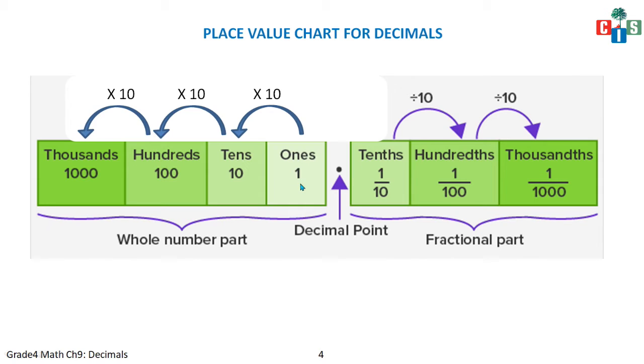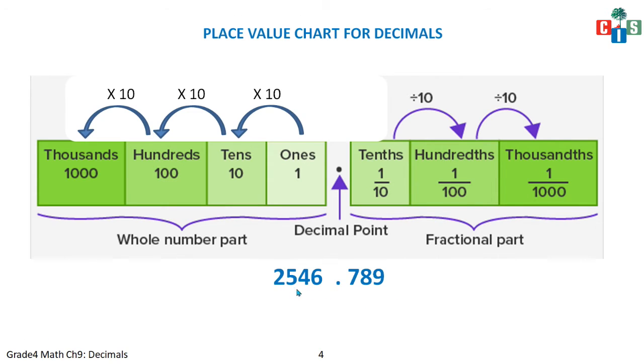To go from ones to tens, what do you do? You multiply by 10. And then tens multiplied by 10 will give you 100, and 100 multiplied by 10 will give you 1000. Fine, that part you know. Now let's see the next part, the decimal part. Now let's take one example and explain it to you.